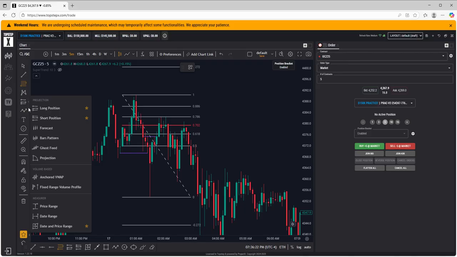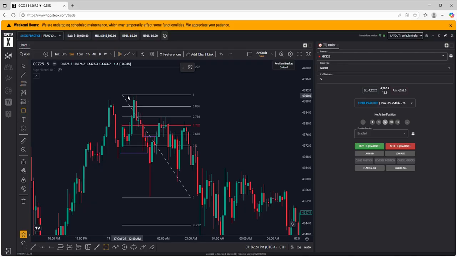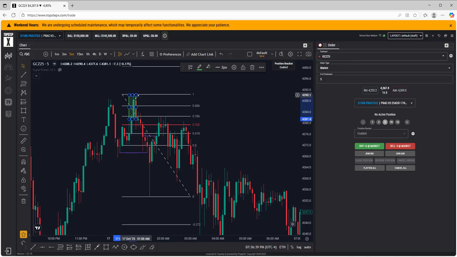Let's mark this out. We have our order block between the 886 and the 618. Cool. Let's see if we have any gaps, which we did after the push.